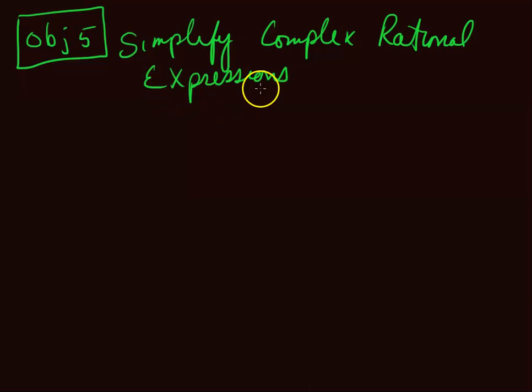Not equations, expressions, so the equal sign is just going to be to the next expression. This is when you've got a fraction over a fraction, and it really goes back to division of stuff. You've got to invert and multiply. You've got to take care of the numerator and denominator to get them to look like a fraction over a fraction.